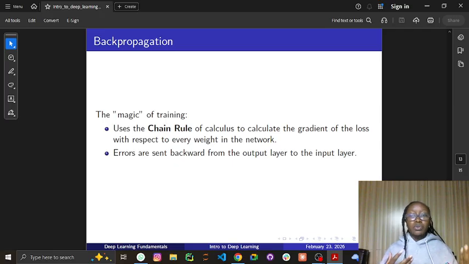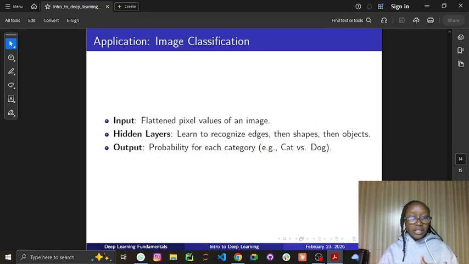It helps us calculate the gradient of the loss with respect to every weight in the network, and we calculate how much an individual weight contributed to the wrong answer. It is like a manager looking at a failed project and tracing the mistake to specific employees in specific departments.